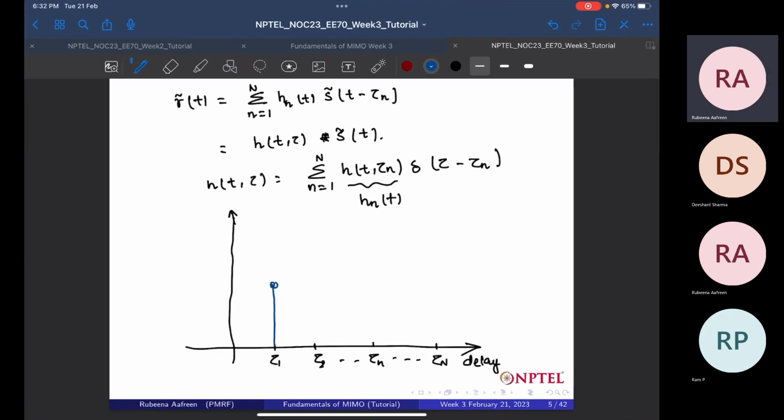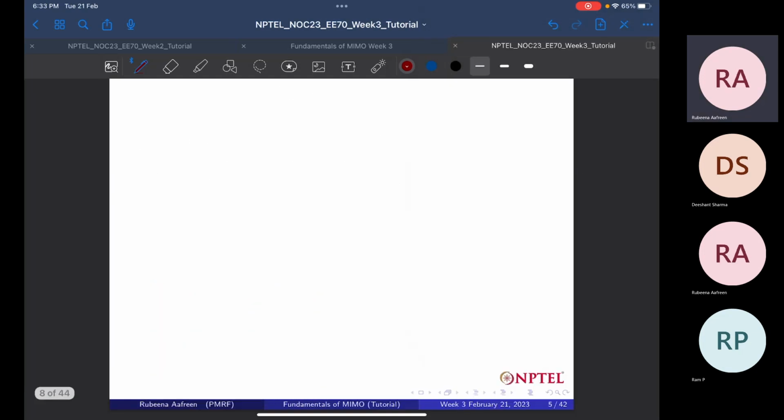The first channel response is delayed by τ1. You can see here delta of (t minus τ1). Now the second one, suppose it is at τ2, similarly like this. So this can be considered as the filter taps.